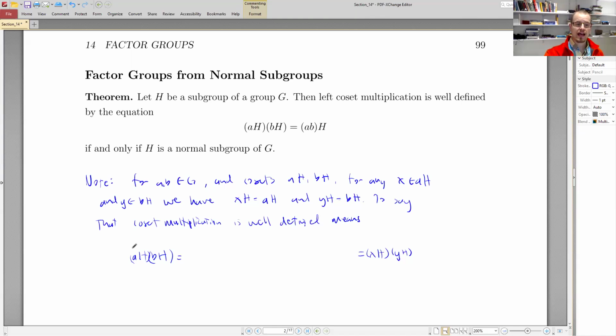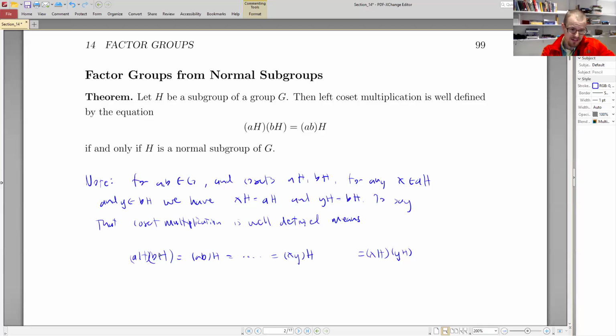We're going to say that aH times bH is ab times H, and then do some work that shows that that's equal to xy times H, which I can then, again, implement the definition of this multiplication to show that it is indeed equal to this.